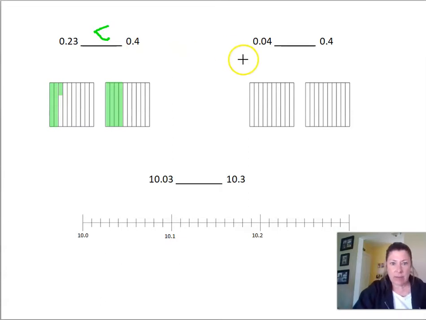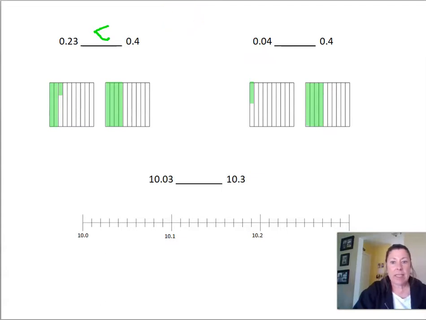Now I'm going to another example. This one I don't believe is in your packet, but there is a similar one in there. So here I have 4 hundredths. That means just 4 little pieces, which is probably about that. Here I have 4 tenths, which would be 4 out of 10 larger pieces.